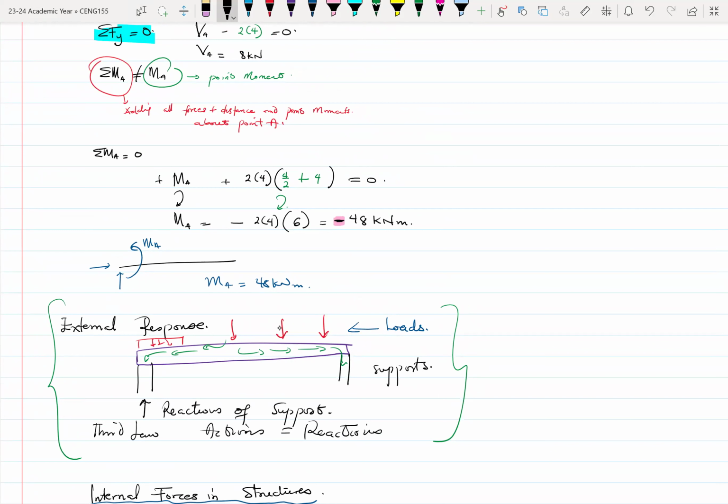The axial forces are also in the same horizontal direction, but they are separate from the horizontal reactions. The reactions are external, they are outside the structure, or the beam in this case, whilst the axial force here is inside the structure. It's good to always know this distinction because it requires us to do a few things going forward.